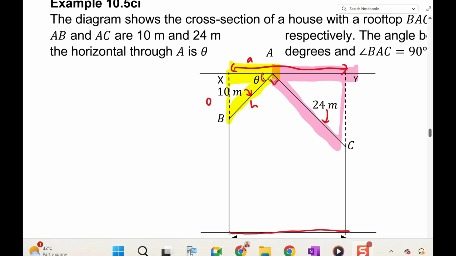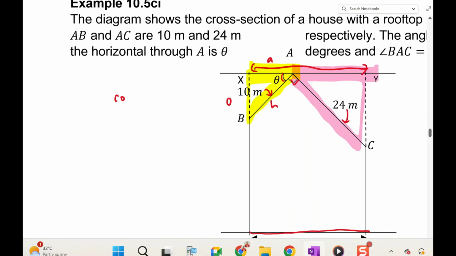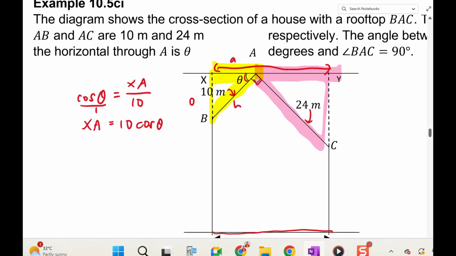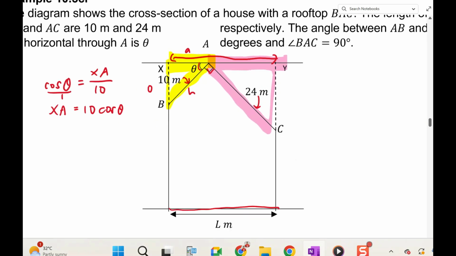So using SOH CAH TOA, we will know to use cosine. Cosine theta will therefore be equal to adjacent over hypotenuse, XA over our hypotenuse 10. And then we want to make XA the subject. So XA equals 10 cosine theta using cross multiplication. Now we have the first part of our equation.